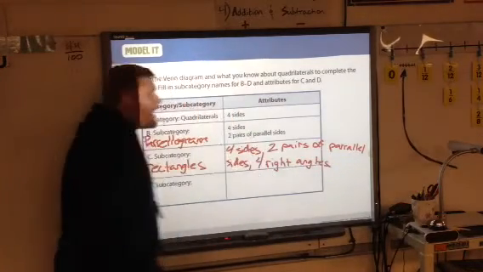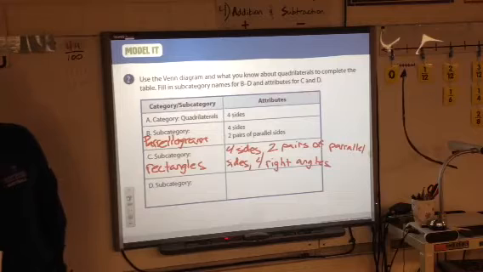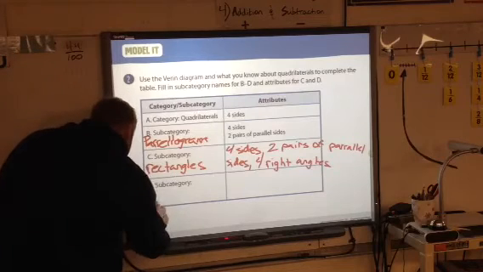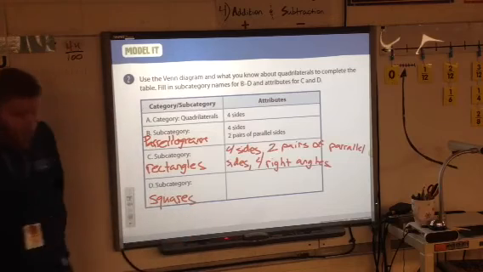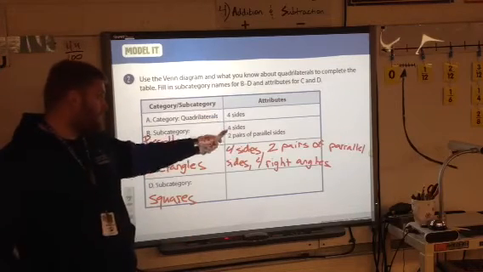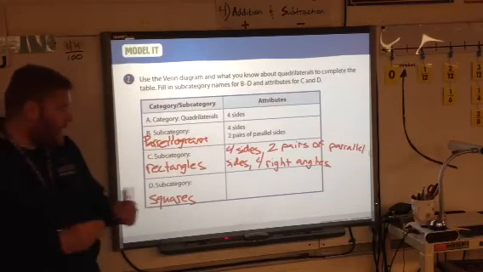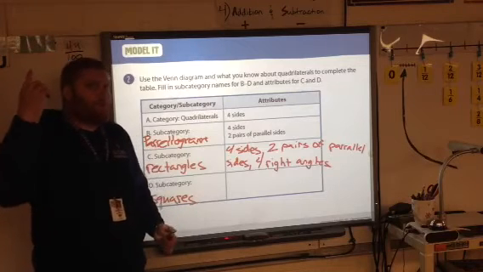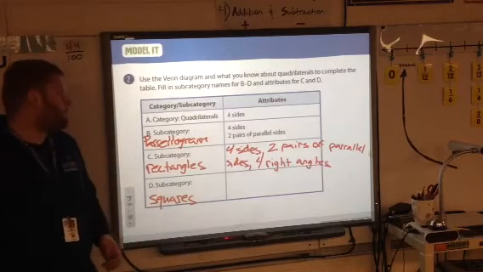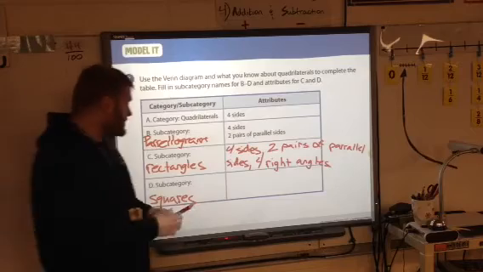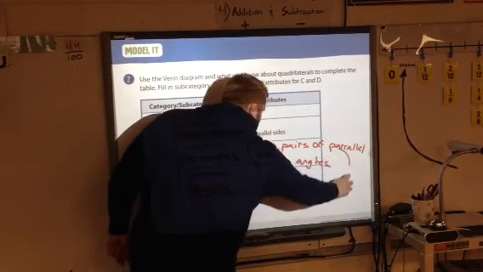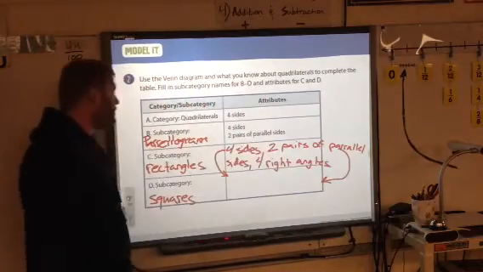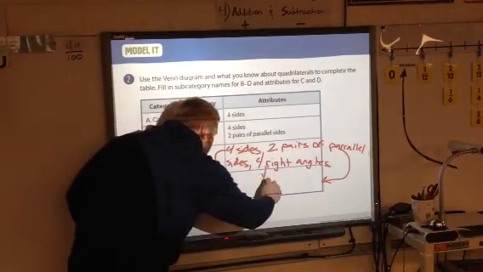And then our last subcategory, we know from our Venn diagram, is squares. Once again, it shares all of these attributes. That's why it's in the center of the Venn diagram, except it has one more added attribute. So it does have 4 sides, 2 sets of parallel sides, and 4 right angles.